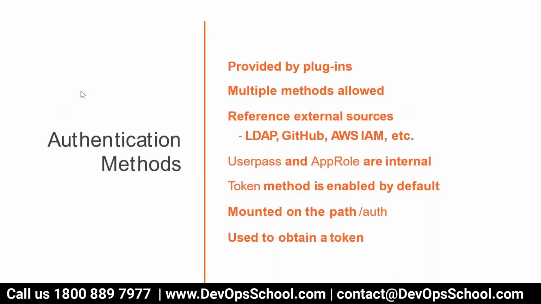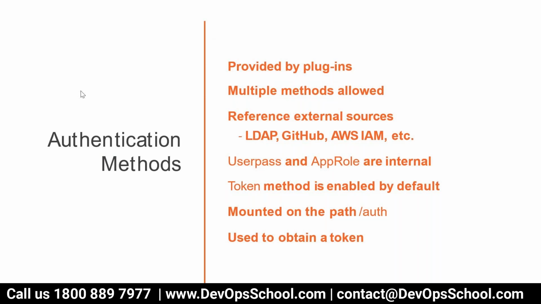Some methods reference external sources like LDAP, GitHub, IAMs and so on. Userpass and AppRole are internal. The token method is enabled by default and is built in, the one which we tried last time. Userpass means password-based, and AppRole is role-based, both internal. The token method is enabled by default, the one we logged in with last time.